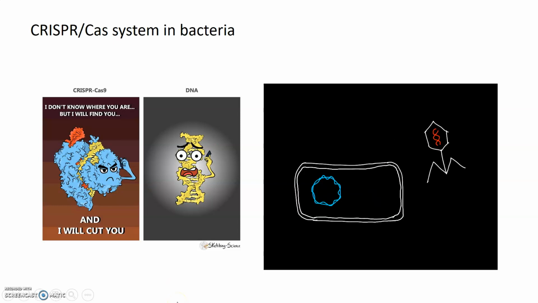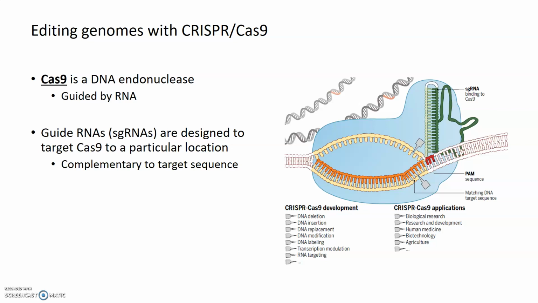And so we have co-opted this idea of using small RNAs as well as that Cas enzyme to do our own things in the lab. And so we have found a way to start using Cas9, which is the DNA endonuclease, and small RNAs to edit genomes within living organisms.